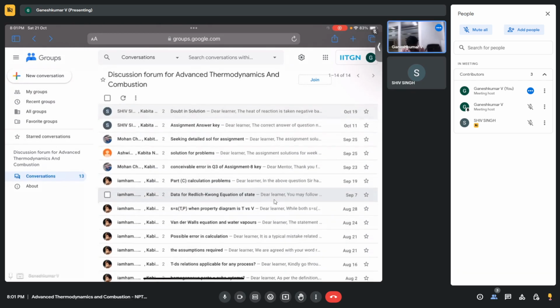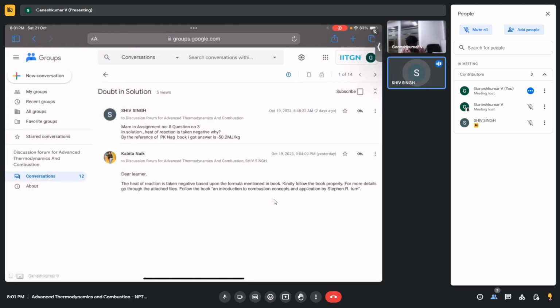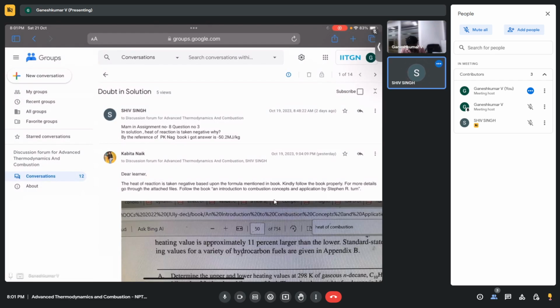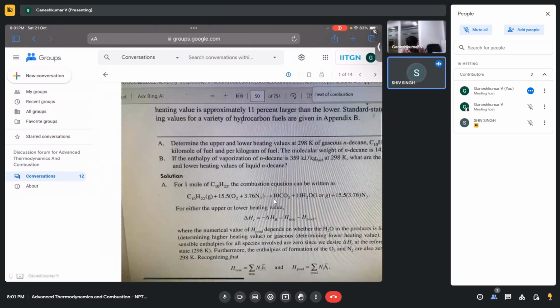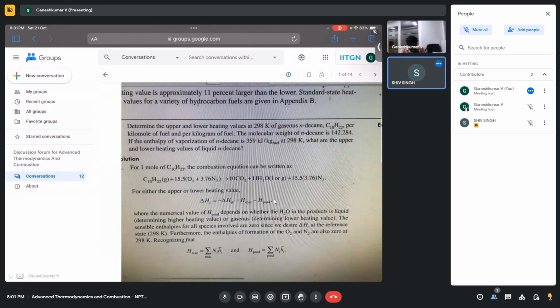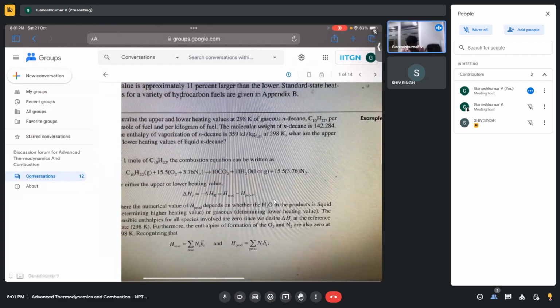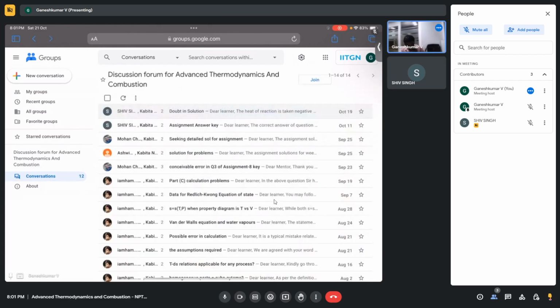I see. Then I don't think we can do anything, since the sign convention is different for different books.